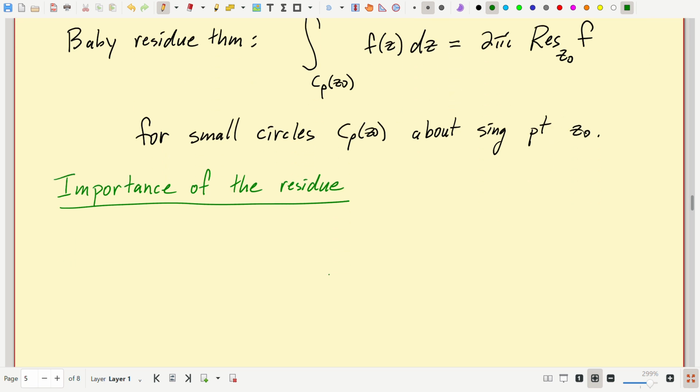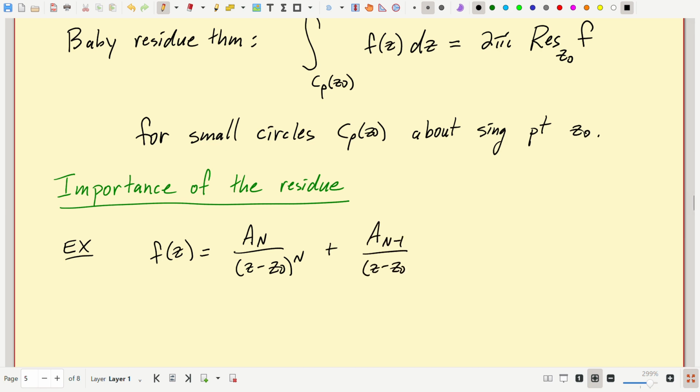Let's suppose I'm going to demonstrate this by an example. Let's suppose f of z, I'll make it have a pole. So I'll make it start out at a sub n over z minus z naught to the n, plus a sub n minus 1 over z minus z naught to the n minus 1 plus dot dot dot.